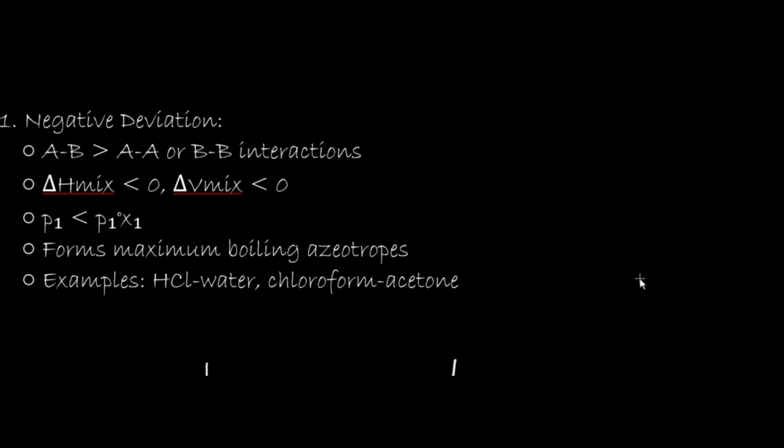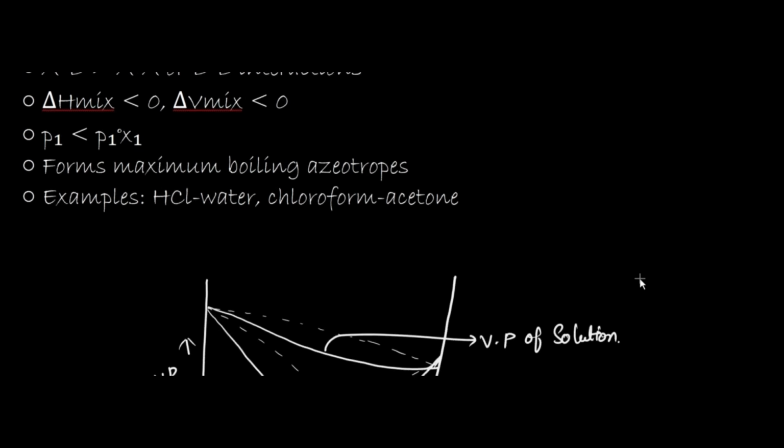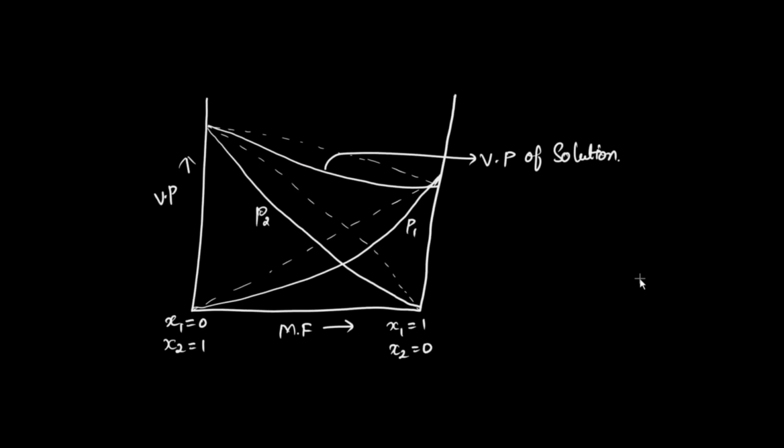This forms maximum boiling azeotropes, but in case of positive, that is forming minimum boiling azeotropes. Here the examples are HCl in water, chloroform in acetone, and I'll be listing more examples in the formula sheet. You can find that in the description link. This is the picture of negative deviations. You can see these dotted lines are the ideal behavior and the solid line are non-ideal negative deviations.